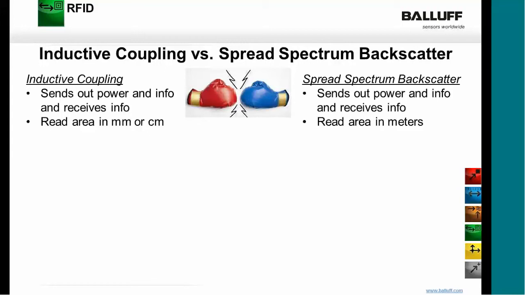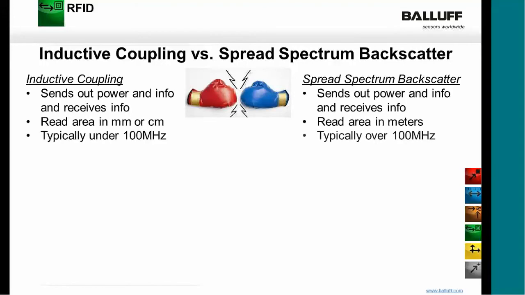With respect to the inductive coupling, where the low frequency, high frequency tags, you're typically having a read area range in either millimeters or centimeters, whereas with UHF technology, or the backscatter, is typically measured in meters of distance between the head and the tag.